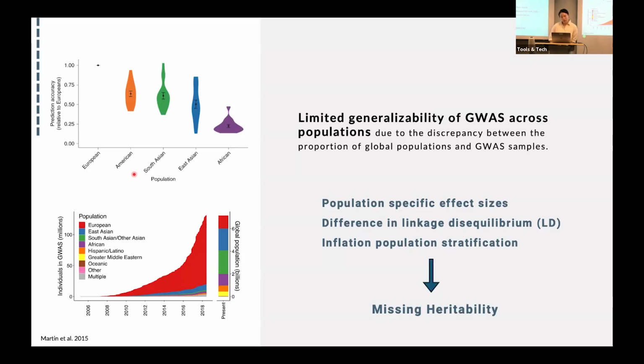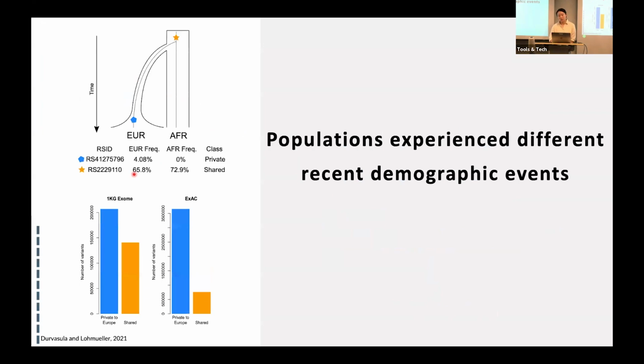So why would populations have these distinct genetic architectures, even if we're looking at basically the same trait? Like I briefly mentioned, it can be due to the differences in the environment that these populations live in. But part of the reason lies in the fact that these populations experienced different demographic events recently.